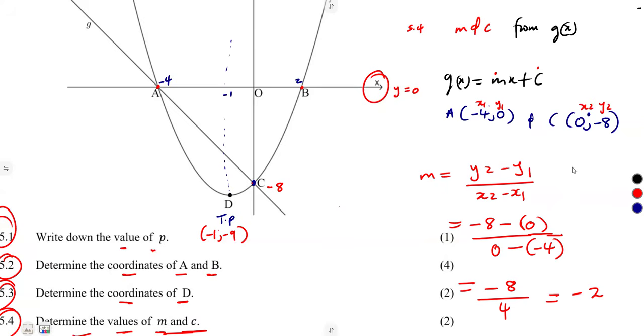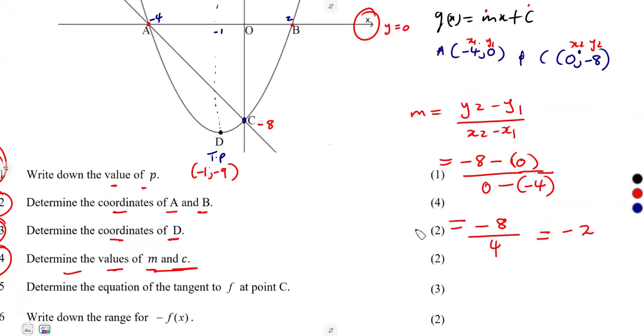This point, negative 4, 0, is our x1, y1, and this is 0, negative 8, our x2, y2. So m is negative 2.